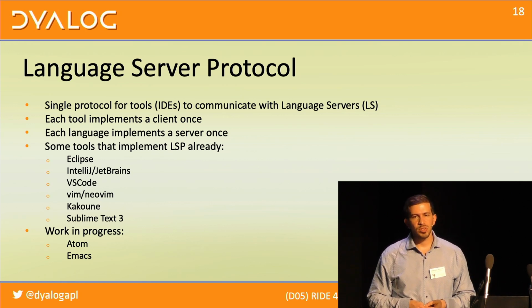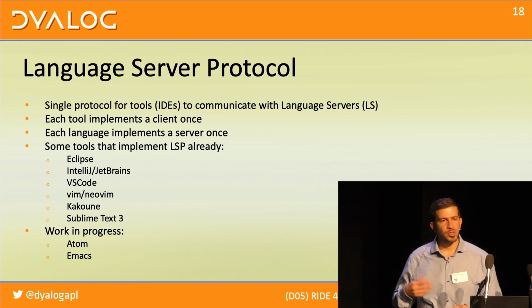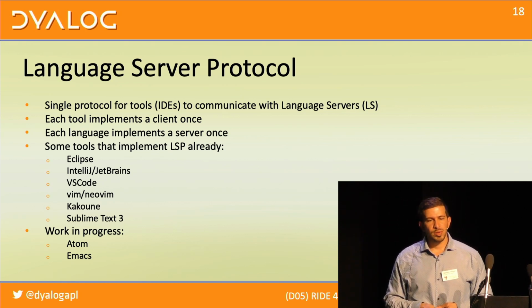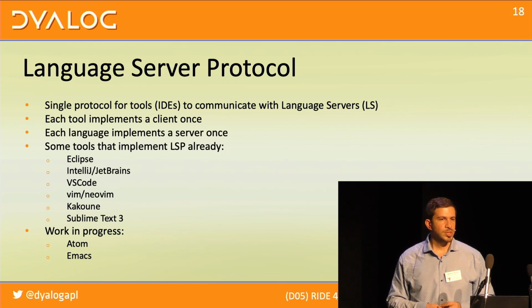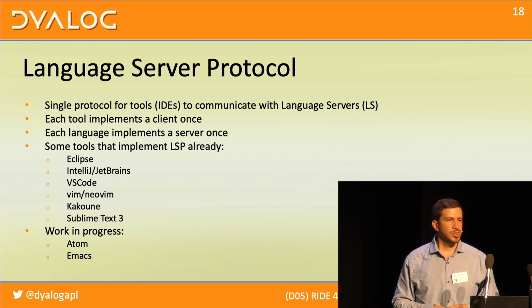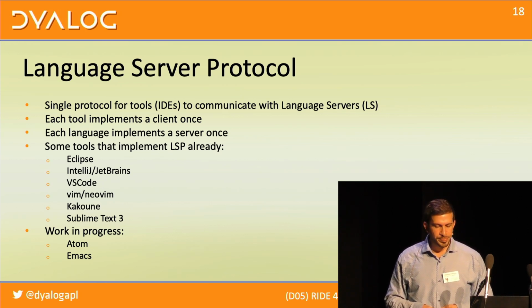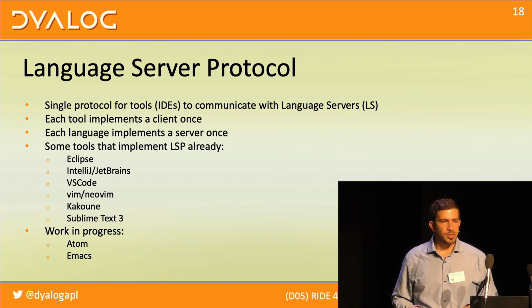Can you provide some diagnostics for it? Can you provide a hover or autocomplete for this particular file at this particular position? And it allows the language implementers to implement a server that provides these features to any given tool.